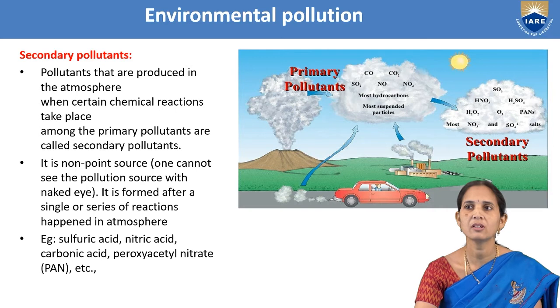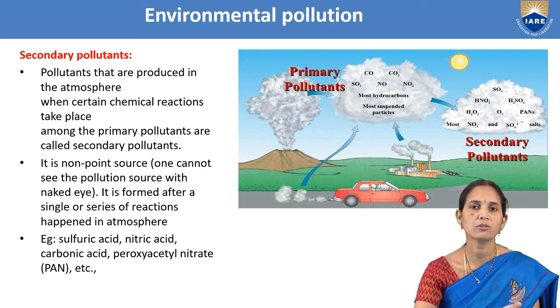So we can take the secondary air pollutants. For example, sulfuric acid, H2SO4, nitric acid, HNO3, and carbonic acid, H2CO3. All these are called secondary pollutants. So how are these formed here? HNO3 and H2SO4: sulfur reacts with the hydrogen present in the atmosphere, and nitrogen, here NO2 or NO3, reacts with the hydrogen present in the atmosphere.